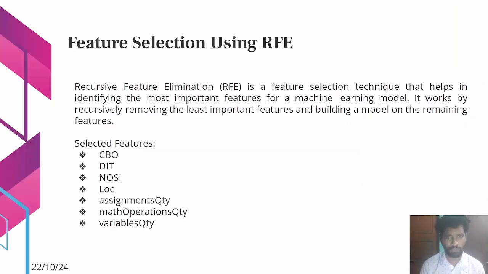For feature selection, we have applied the recursive feature elimination technique. It is a feature selection technique that identifies the most important features for a machine learning model. So it basically works on a machine learning model. When building a model, it finds which feature was least significant, then it eliminates that feature.